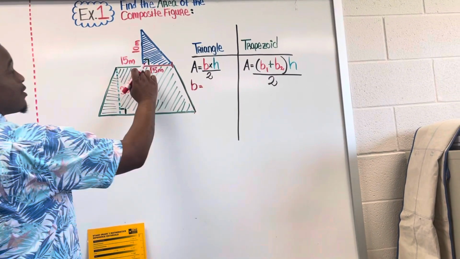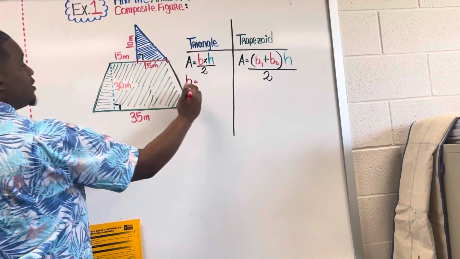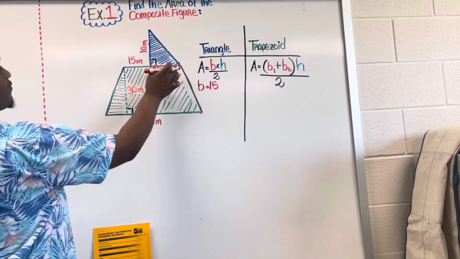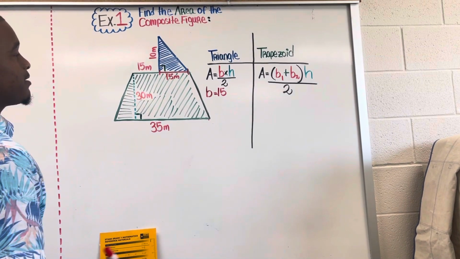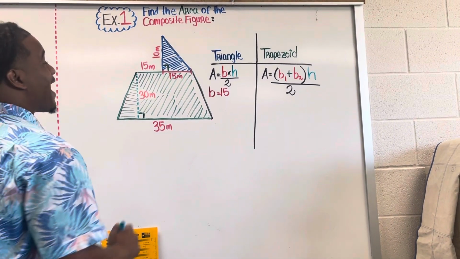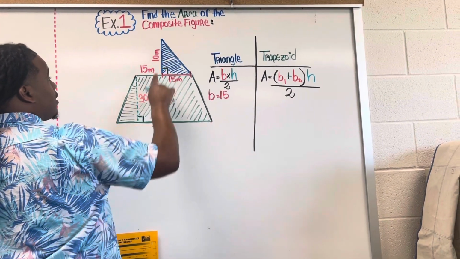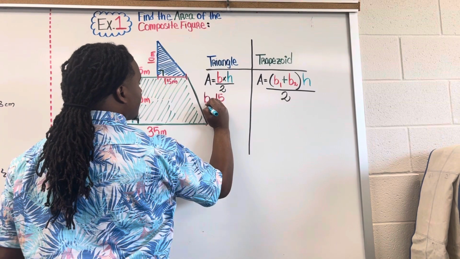The base, which is the horizontal side of the triangle, is 15. And once again, I apologize for not putting that at the beginning of the problem. I thought I put everything, okay? And then the height, which is the vertical side of the triangle, or how tall it is, is 10.